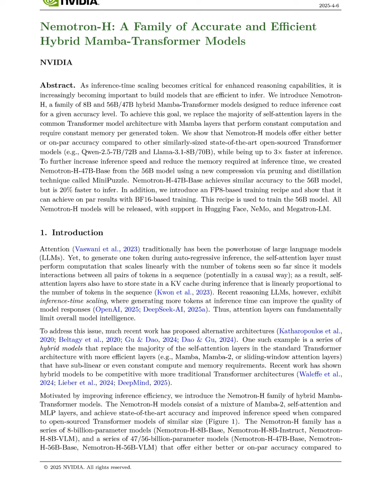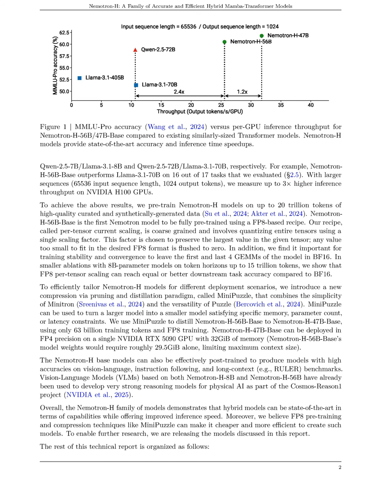Additionally, the model's architecture requires substantial computational resources. For instance, the Nemotron-H 56B base model's weights alone demand approximately 29.5 GB of memory, which can limit its deployment on hardware with lower memory capacity, such as single NVIDIA RTX 5090 GPUs.